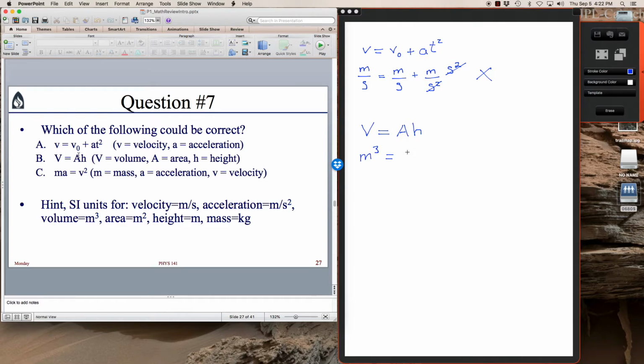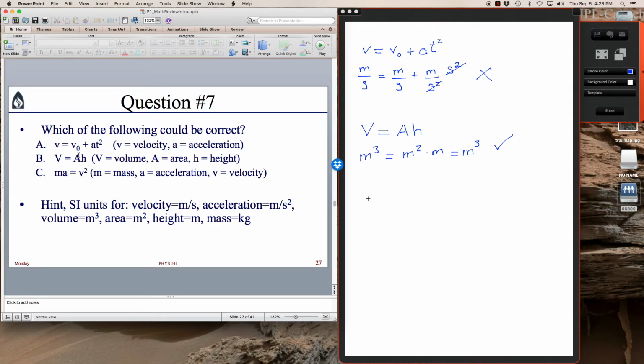This is going to be equal to area has units of meters squared times height has units of meters. So if we combine the two terms on the right-hand side, meters squared times meters is meters cubed. So we do have the same units on both sides of this equation. So this could potentially be a correct equation.